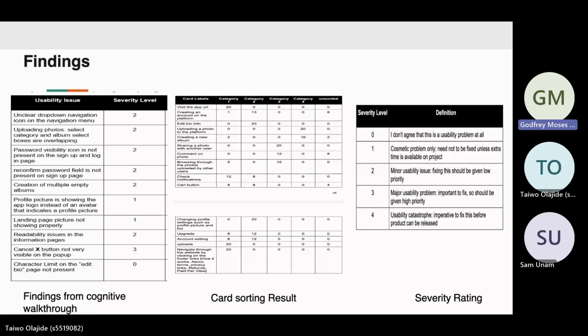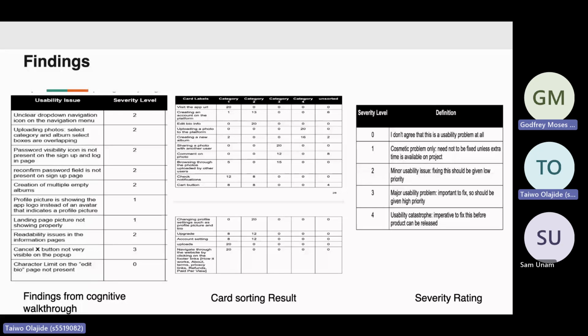Creation of multiple empty albums was possible. The profile picture showed the app logo instead of the avatar. The landing page picture was not showing properly. There were readability issues in the information pages, making some of the information unclear. The cancel button was not very visible in the pop-up, and the character limit in the edit bio page was not present.